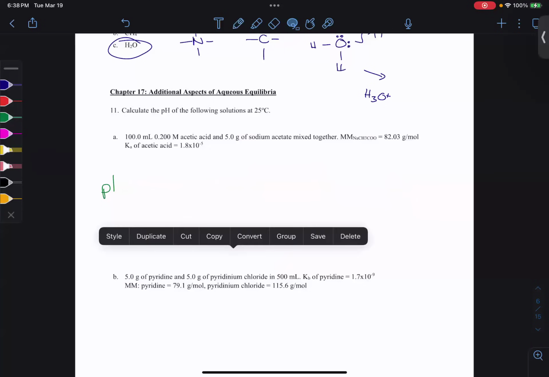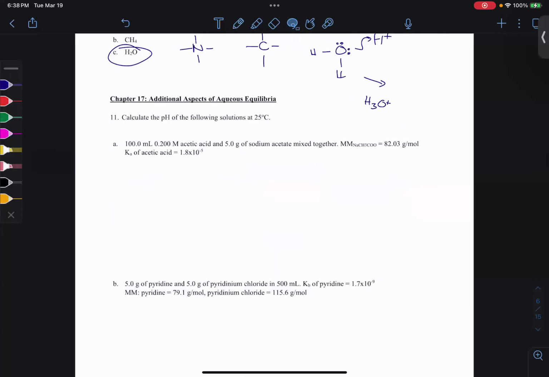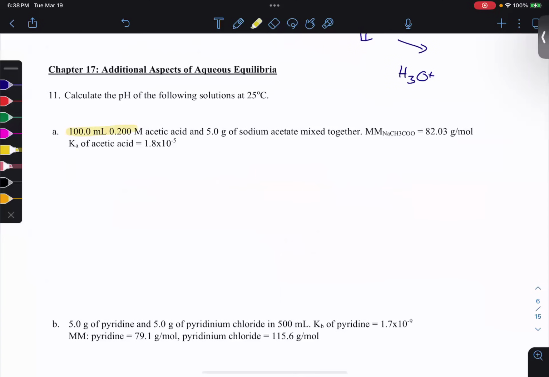So when I add these two things together, I'm adding 100 milliliters of acetic acid and 5 grams of sodium acetate. Does that represent my base to acid ratio for Henderson-Hasselbalch? It does. HA is acetic acid, and sodium acetate is A-, technically NaA.